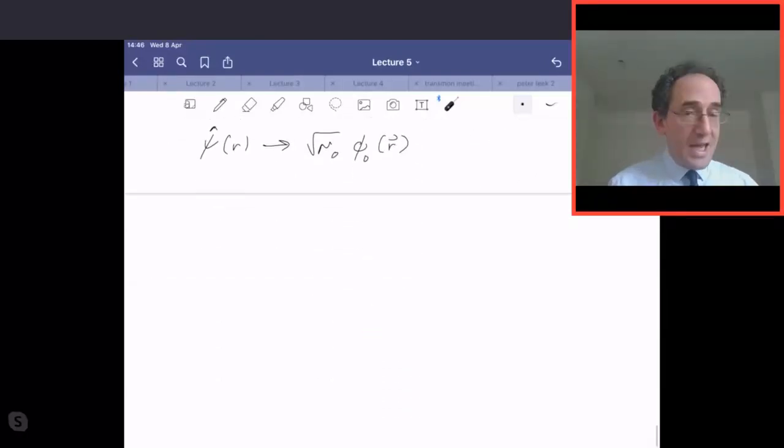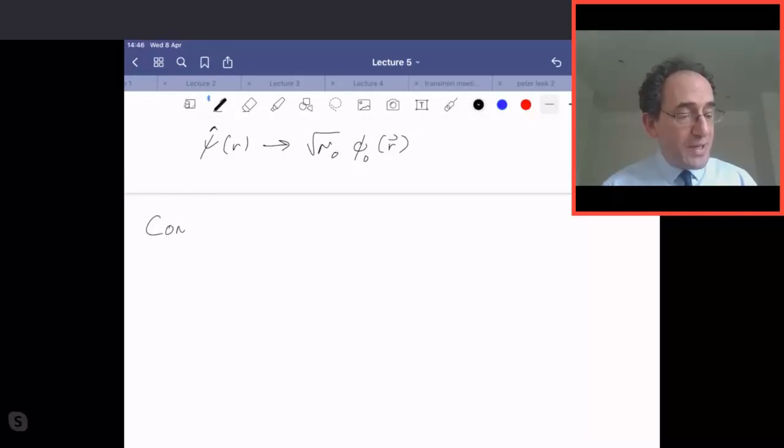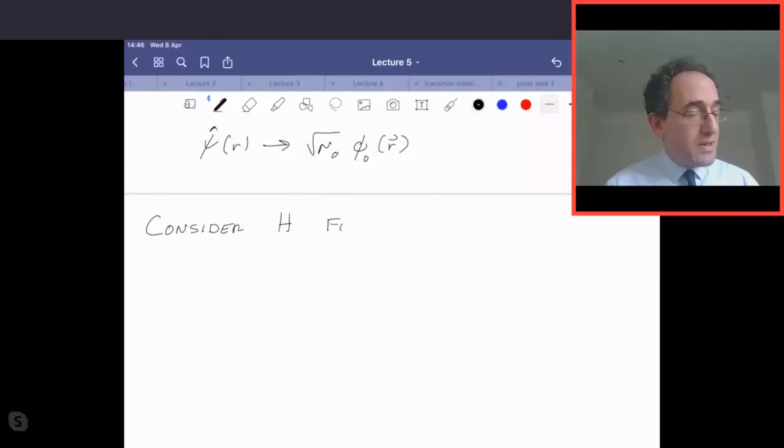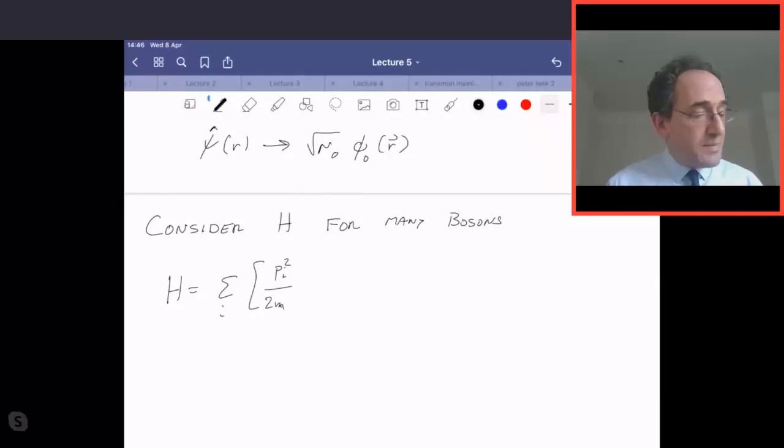So now, finally, after all of this, let us write down a Hamiltonian. Consider a Hamiltonian for many interacting bosons. H equals, well, we'll write down the single particle term, sum over particles i, p_i squared over 2m, the usual kinetic energy, plus V of R_i. So there can be some potential as a function of position.